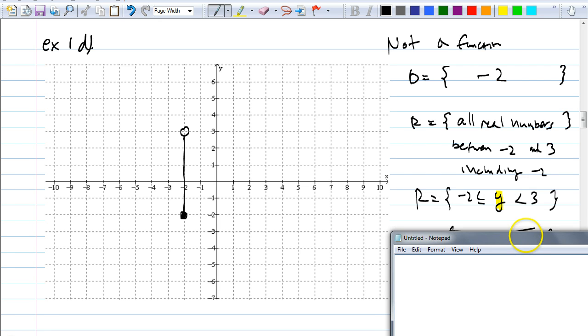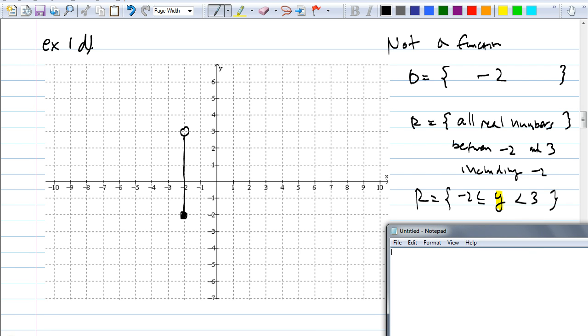So be careful. It's y. So you're right. The way you read it, guys, is you read the y first. Y is between -2 and 3, including -2, which is what we just wrote down up there. So that's how you write the range here. Does this make sense? Do you guys get the idea? Is this easy or hard? Okay, good. I hope so.